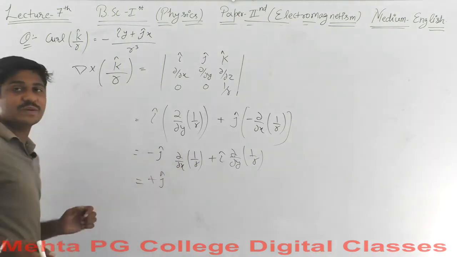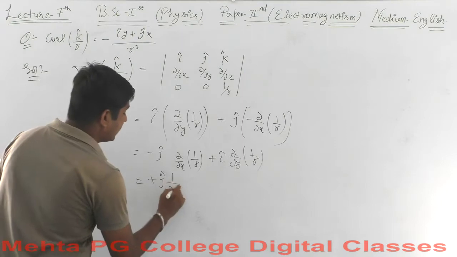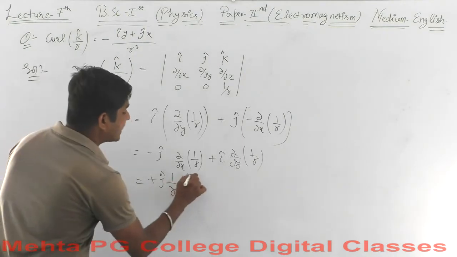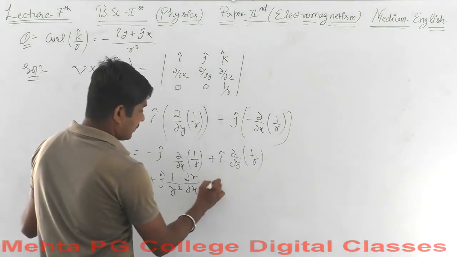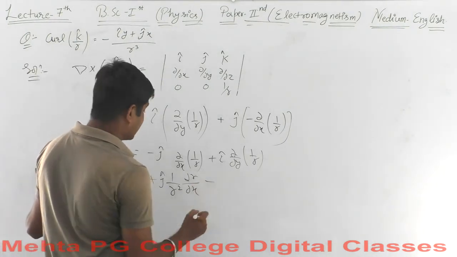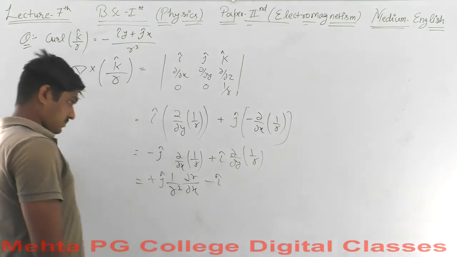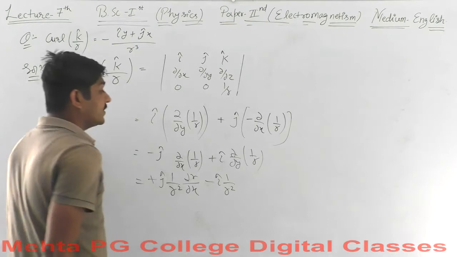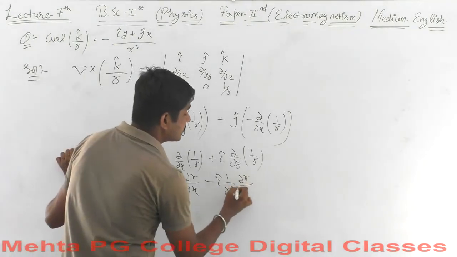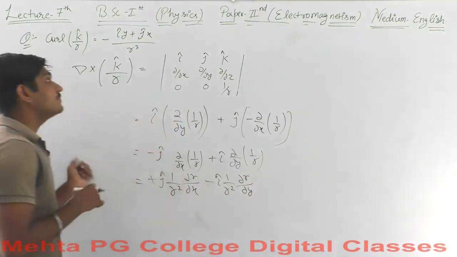The minus 1 got multiplied here. So for this, 1 over r square and again curly r over curly x, plus, sorry, this time it is not plus but it is minus i cap 1 over r square curly r over curly y.